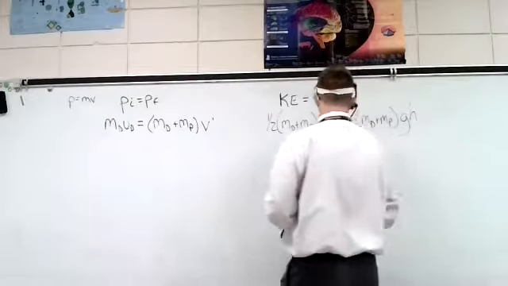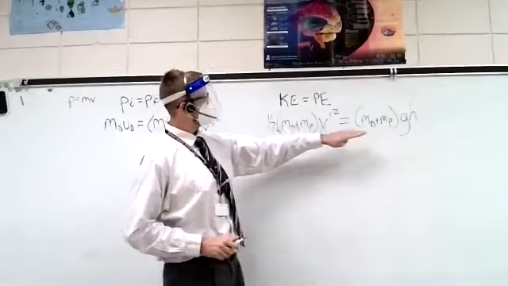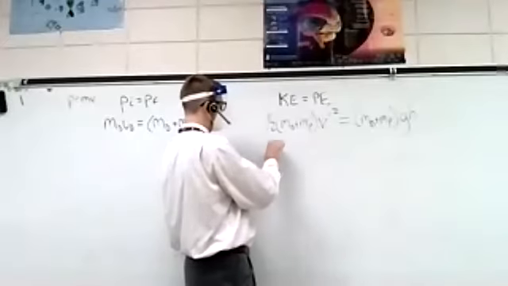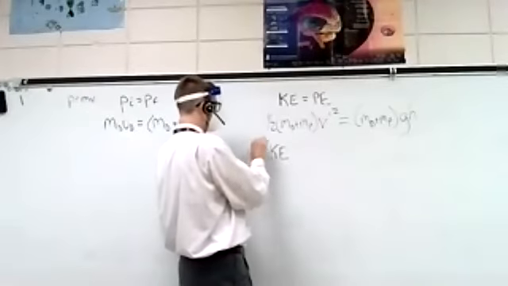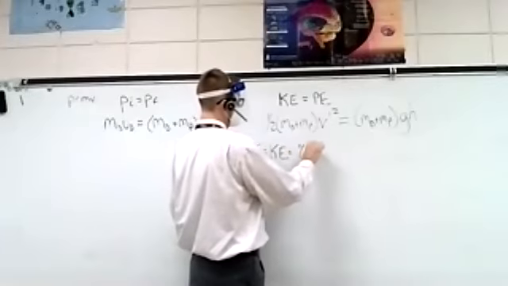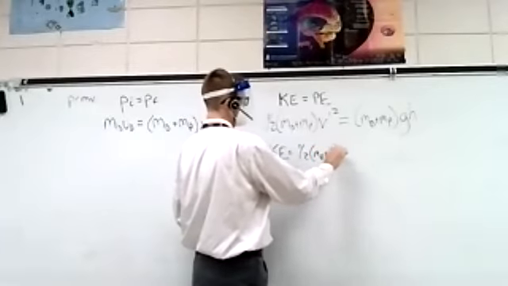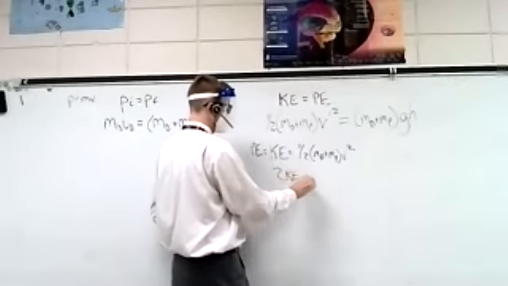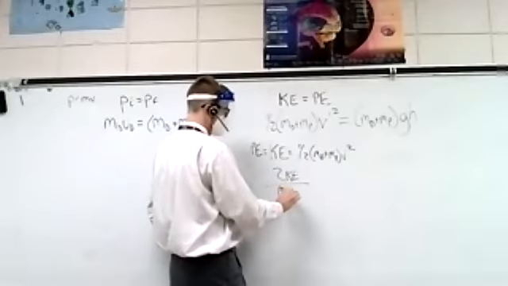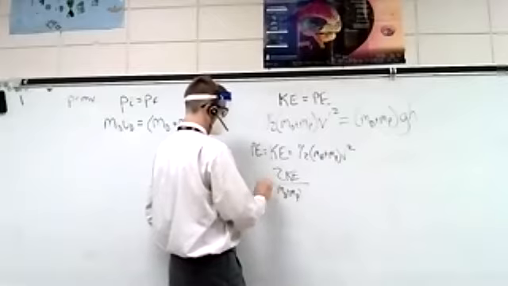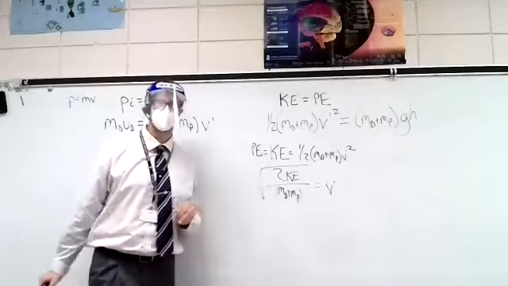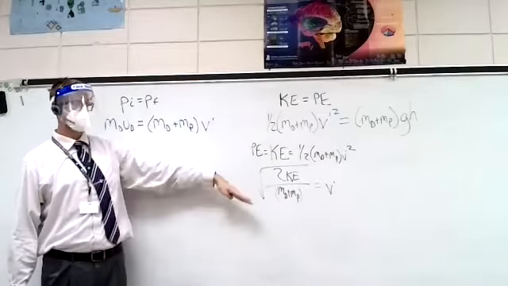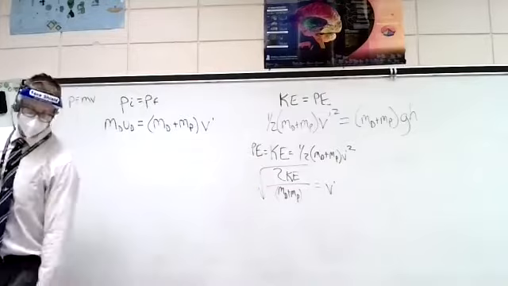Let's see that real quick. The kinetic energy, which is the potential energy, is equal to 1/2 the mass of the dart plus the mass of the pendulum, times v prime squared. If you multiply both sides by 2, divide both sides by this term, and then take the square root, you've isolated v prime. So that's where that equation comes from. Again, it's in the data table, but it's just using the law of conservation of energy.